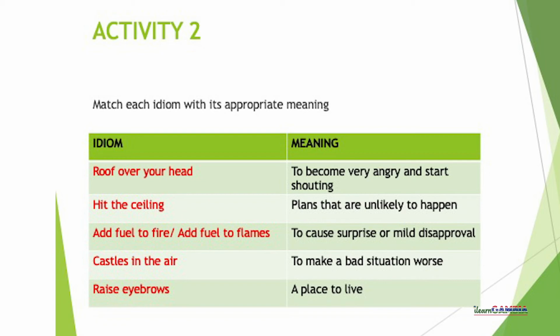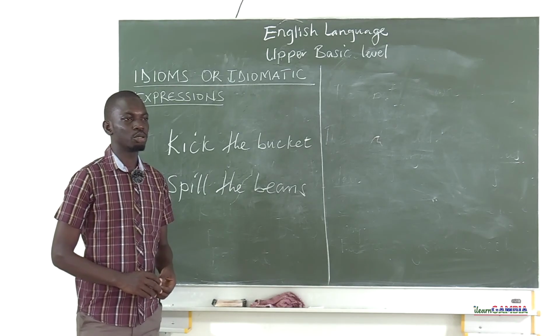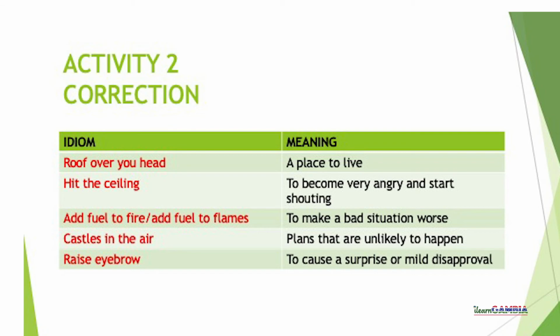After doing them, you will compare them with the corrections here. Now, roof over your head means a place to live. If somebody has a roof over his head, it means he has a place to live. But if he doesn't have that, then they say he has no roof over his head. That is an idiom.